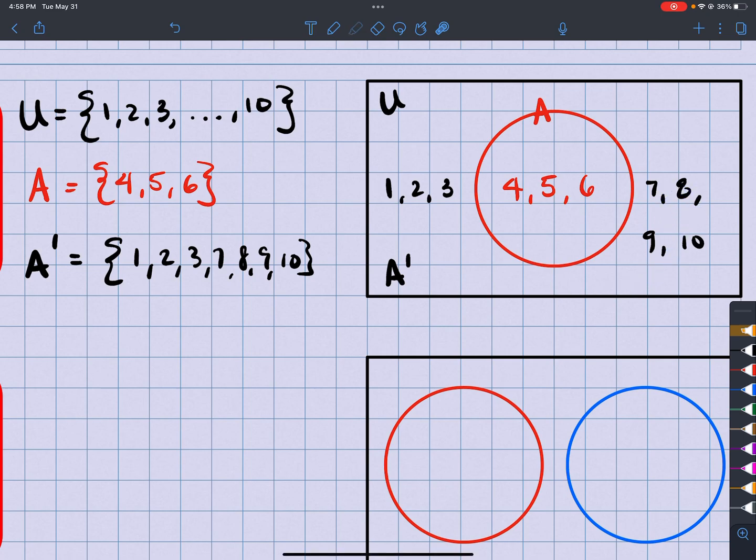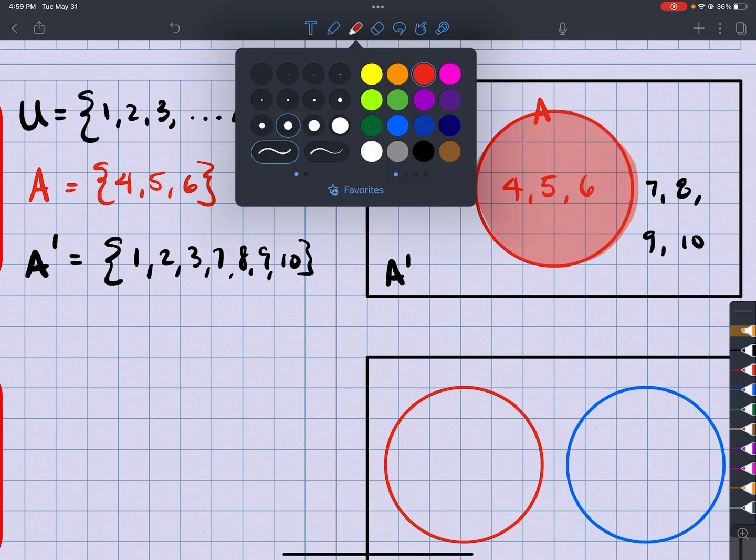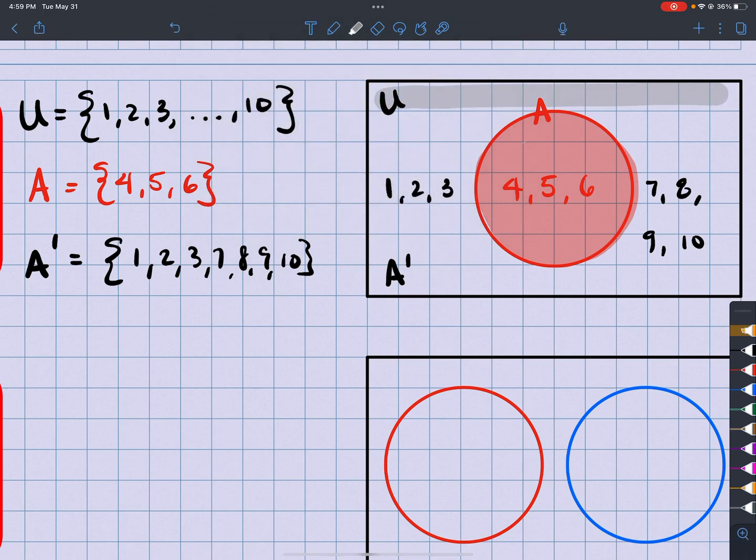So here is everything that is A. Everything inside this circle is everything that has to do with A. Everything outside the circle would be considered not A. Everything in gray would be not A. The universal set is this whole thing.